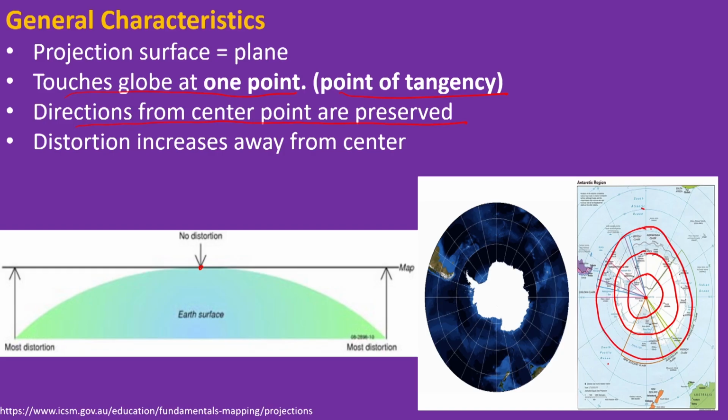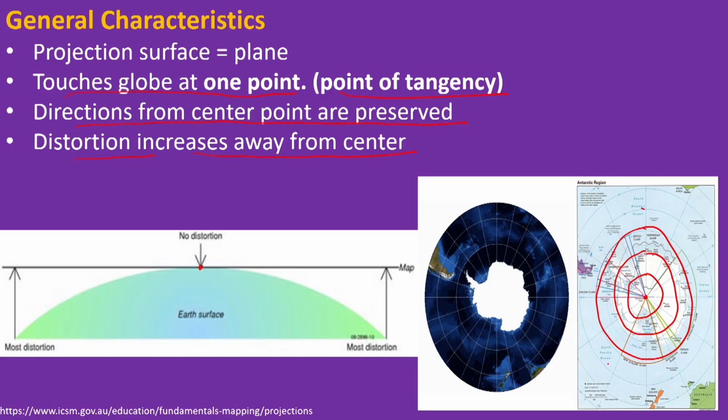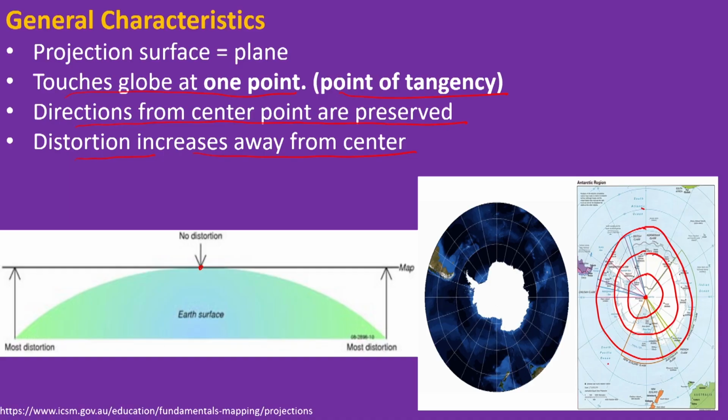The distortion increases away from the center. Obviously, for every projection, the point that is touched is the place where we can have more accuracy. If you move away from the center point, there is a chance of distortion. This is the overall general characteristics of the projection.